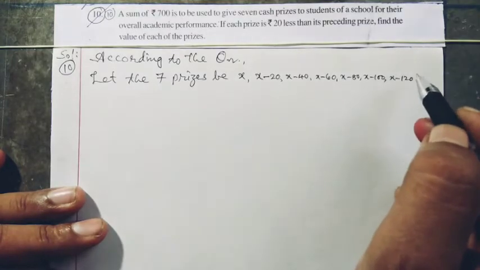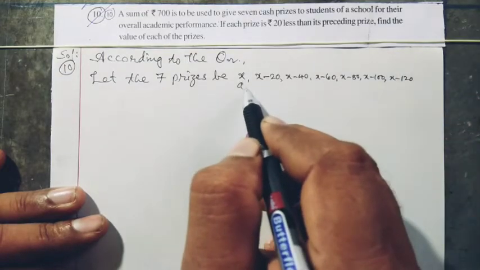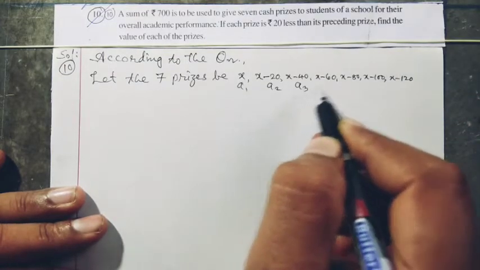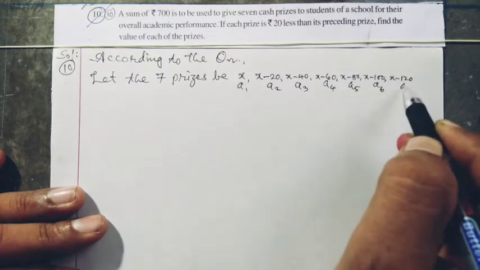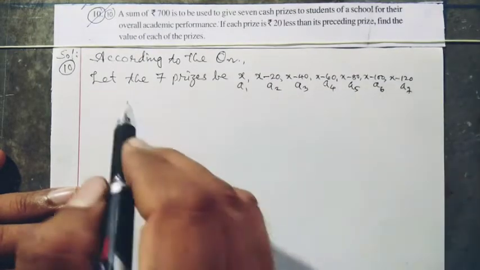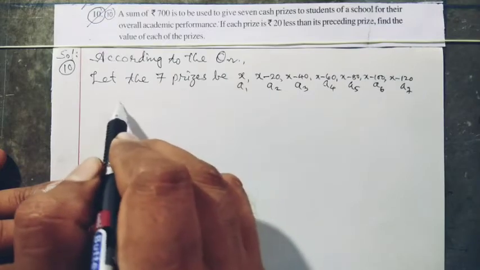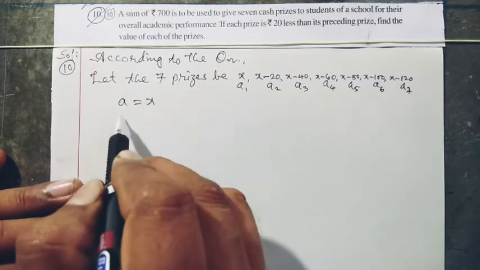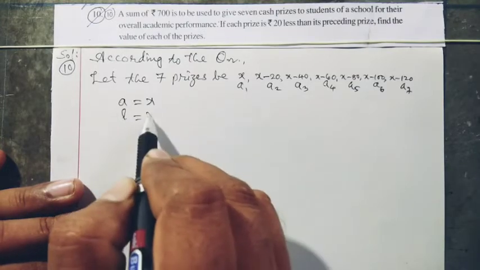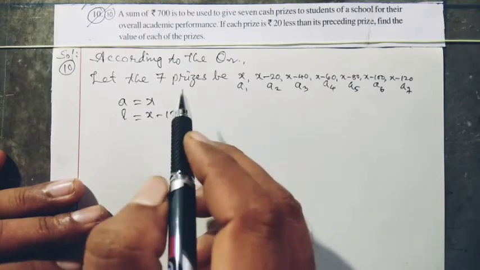So these are the 7 prizes: A1, A2, A3, A4, A5, A6, A7. So here the first term A is equal to x, and the last term L is equal to x minus 120.